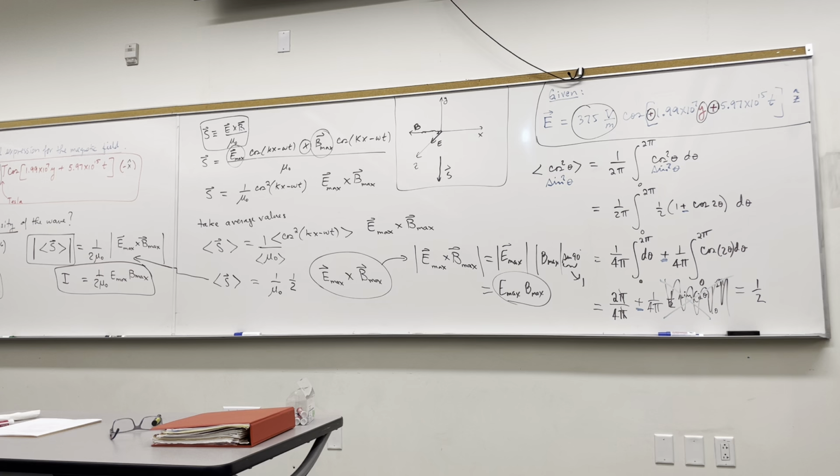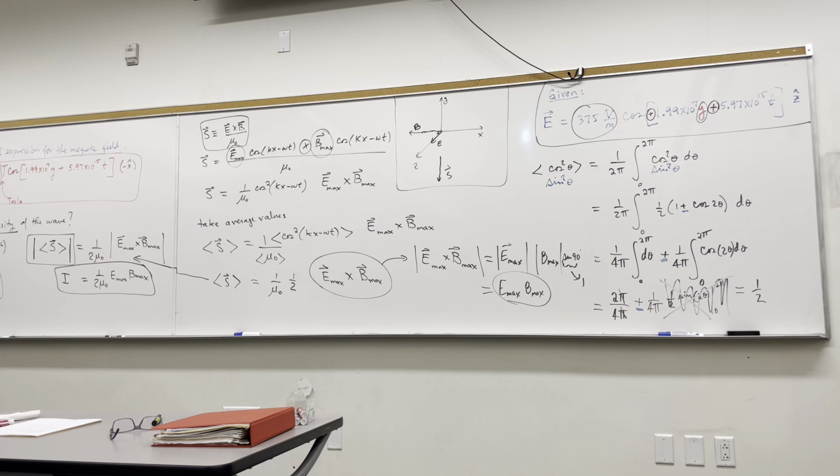Yes? Can you do the right hand rule for the S and E? Yeah, so S has to be perpendicular to both the electric field and the magnetic field. So four fingers in the direction of the electric field, palm in the direction of the magnetic field, S will be the direction of your thumb, of your right hand.